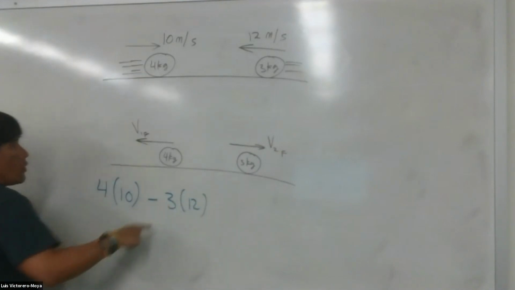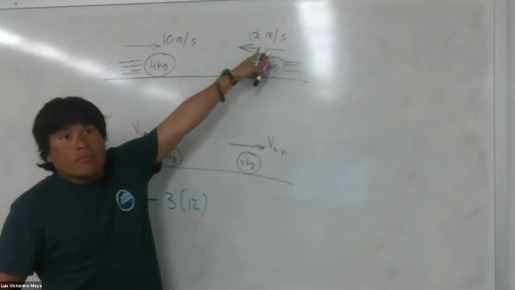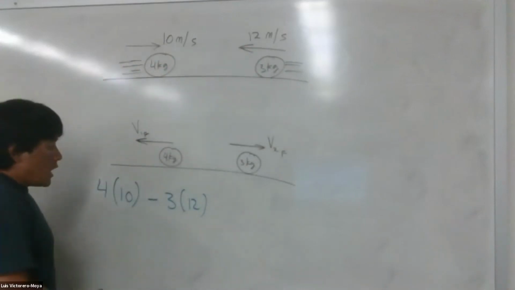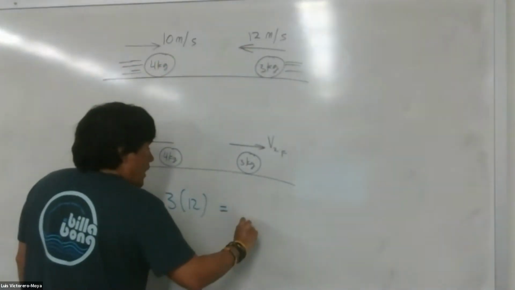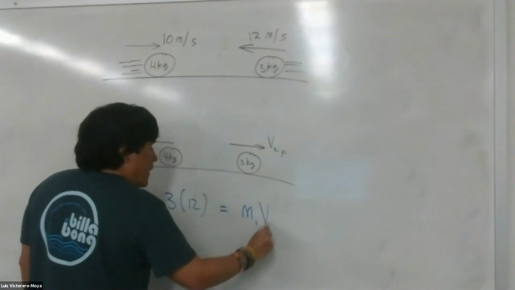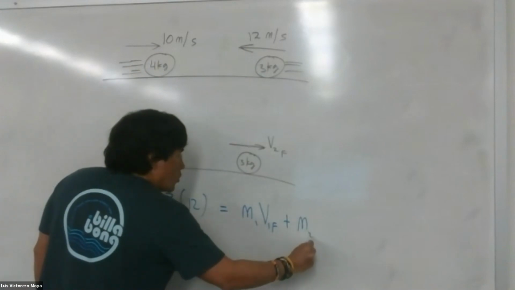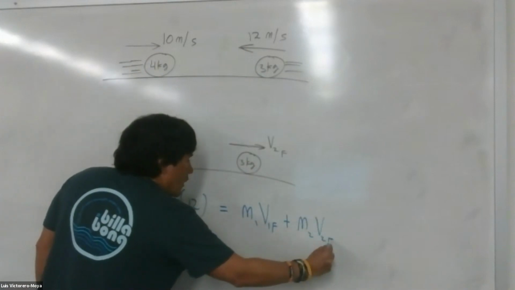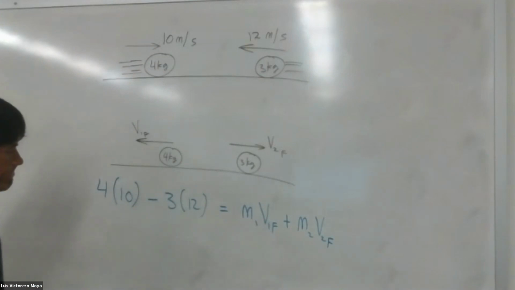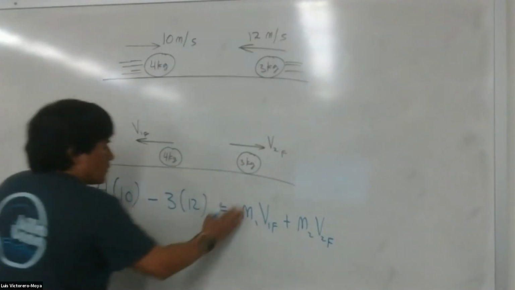Why minus? Because that velocity is negative. And that will equal M1 V1 final plus M2 V2 final. Well, I know M1 and M2.